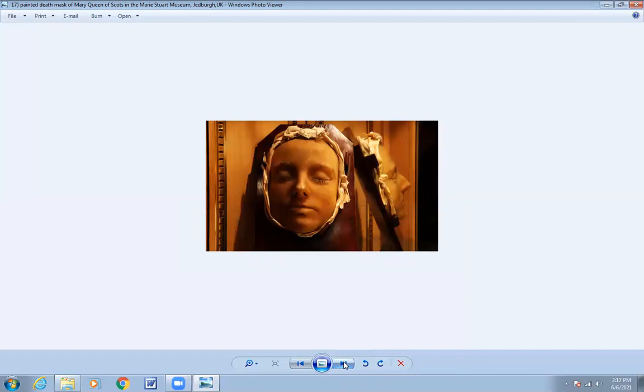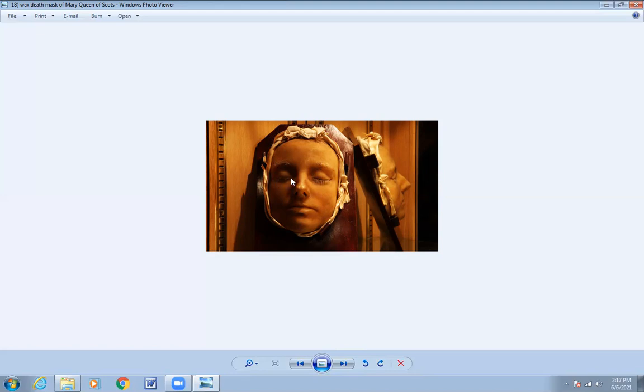Now, this one is a death mask as well, but it's cast in wax. One of the things that's interesting about this is someone added eyelashes and eyebrows. We will see from time to time that they're painted or they're carved in plaster, but this appears to be horsehair.